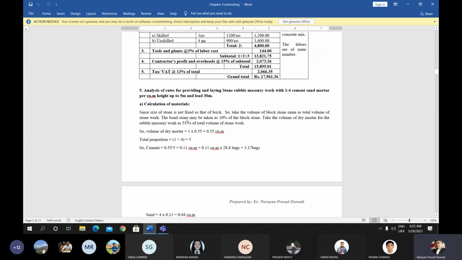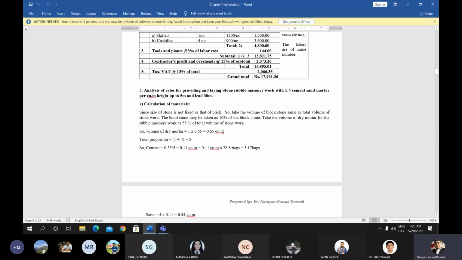You can use 50 to 60%. Generally, in the norms, 56% of the total stone work is taken, but I am considering 55%. 55% can be used.